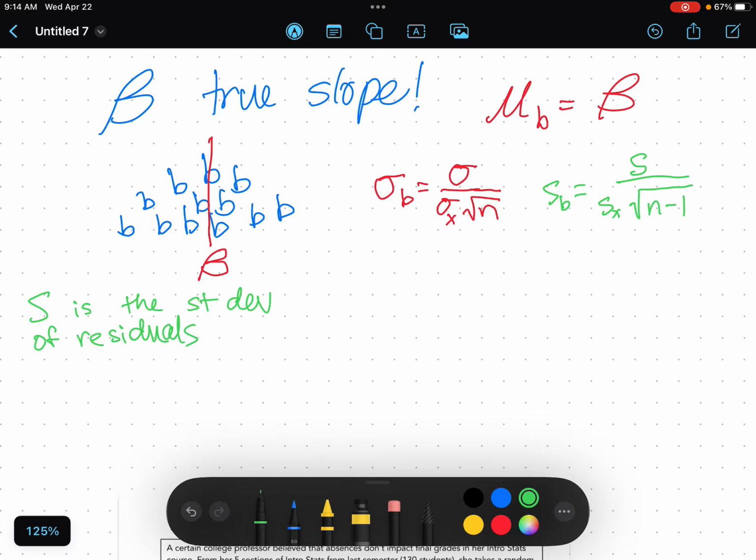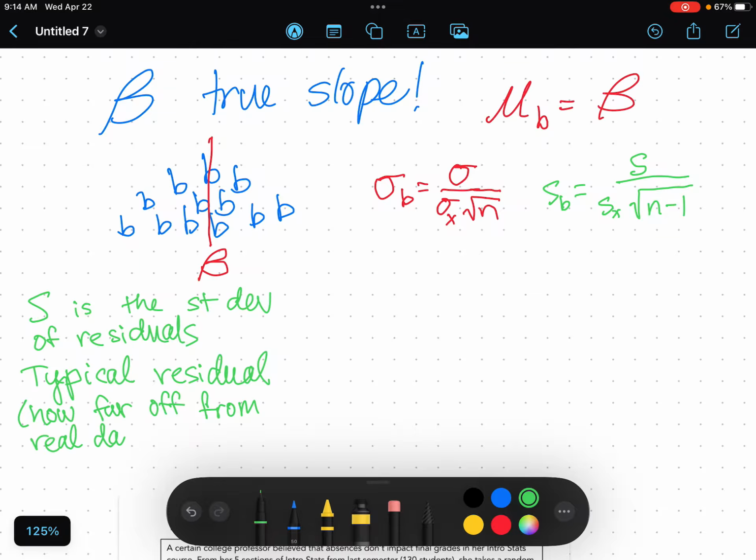So that's basically the typical residual, or how far off from the real data our prediction is.